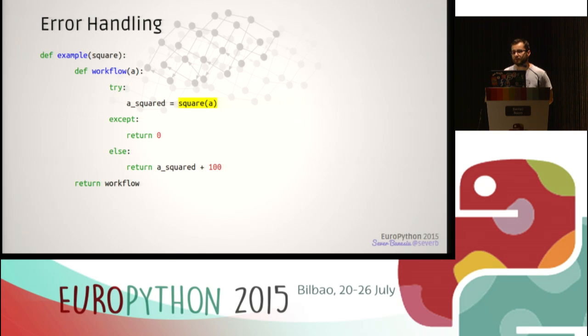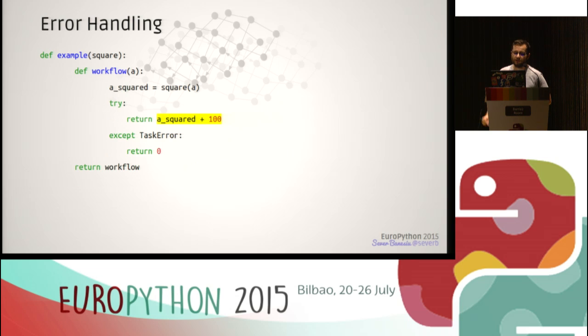So for error handling, you might expect the error handling to look something like this. This is how normal Python code would look if you had some exceptions in a function. But this is not possible because, as I said earlier, the proxy call is non-blocking, so you cannot get the exception at this point.